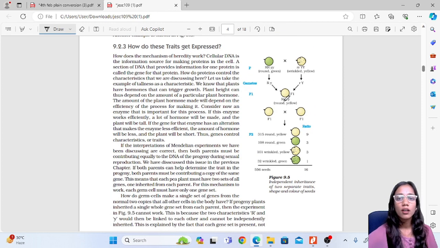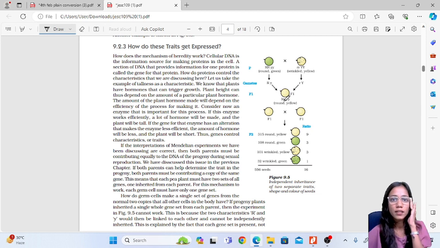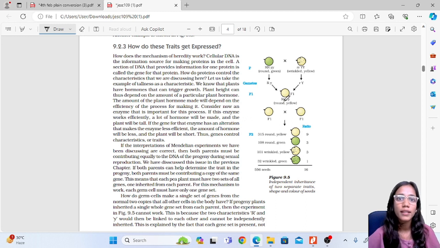So from here we can say that each trait has two copies of the genes controlling it. One is the dominant gene, which will give the dominant character in the first generation. That does not mean that the recessive one will never be expressed.